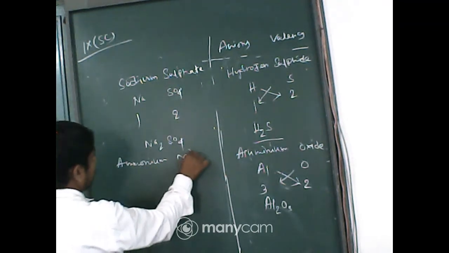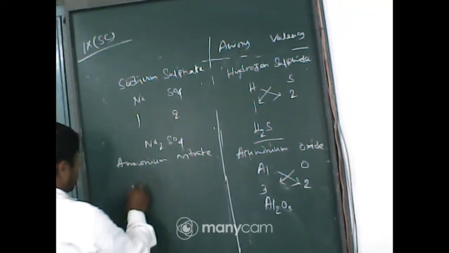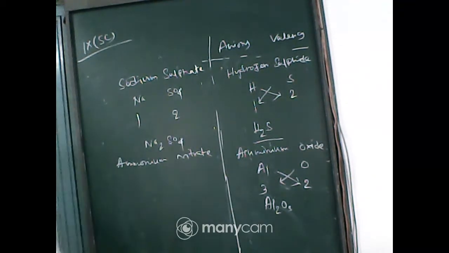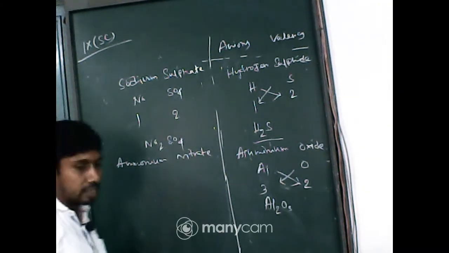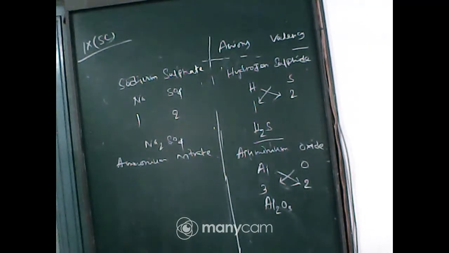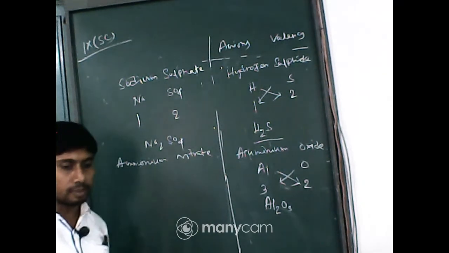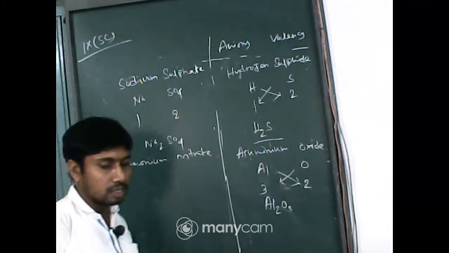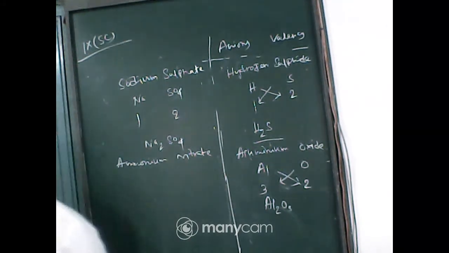Then ammonium nitrate. Can you do it? Ammonium nitrate. Students respond. What would be the formula for ammonium nitrate? You can do it. Just check the chart where the valency is given and then follow the 3 steps. I will wait here for your answer. Everyone answer on the chat.